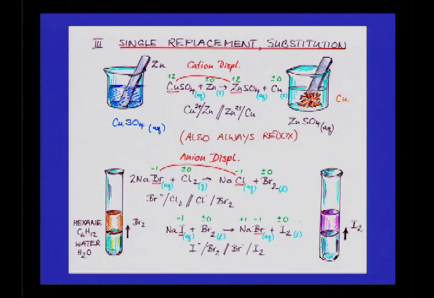If we do the same thing with iodine, and bromine is going to be the more reactive halogen or element than iodine. So you see there's a sequence. Chlorine is more reactive than bromine. Bromine is more active than iodine. So bromine can kick out iodine out of its compound and take its place, and then elementary iodine is formed.